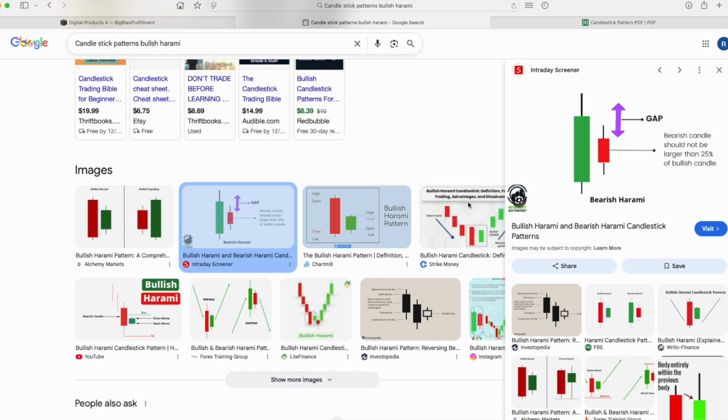Of course, you'll learn about these. You want to look these up, and just like I just did, you can go to Google them and find them and use them to help you pick out particular moves in the market.